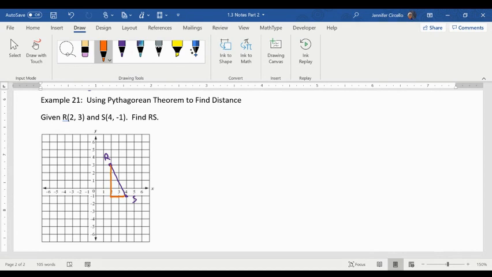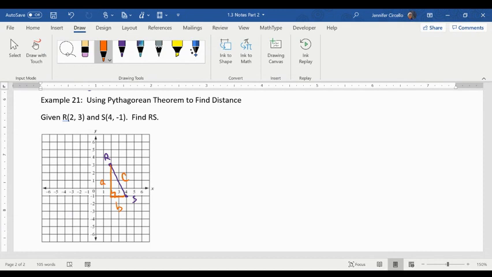Okay, so the two pieces I just found are going to be the legs of the right triangle, and the distance that we're trying to find is the hypotenuse. So the distance we're trying to find will be the C, and it doesn't matter between the other two pieces which part's A and which one's B.